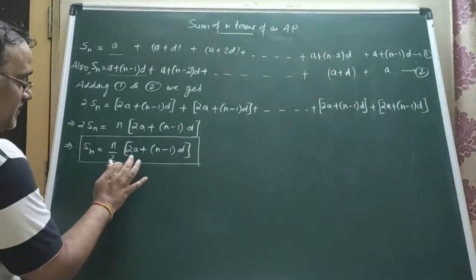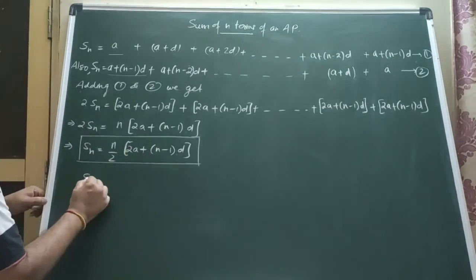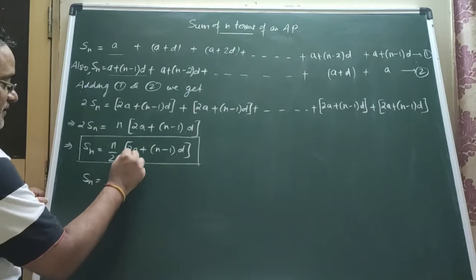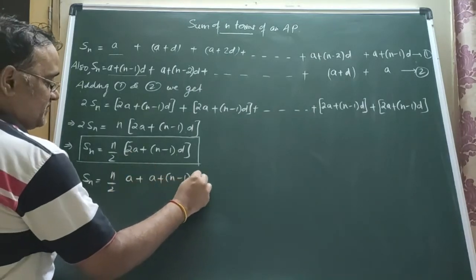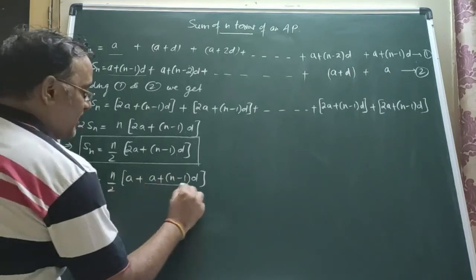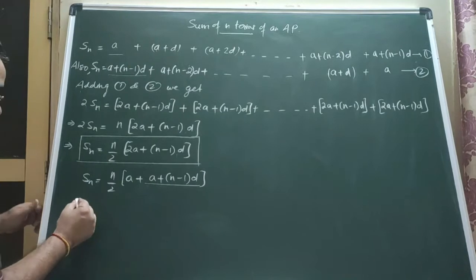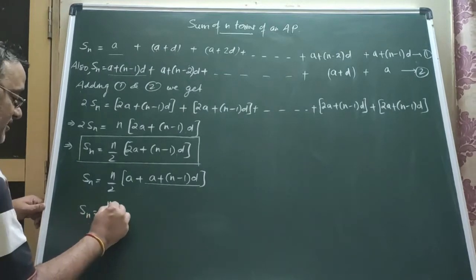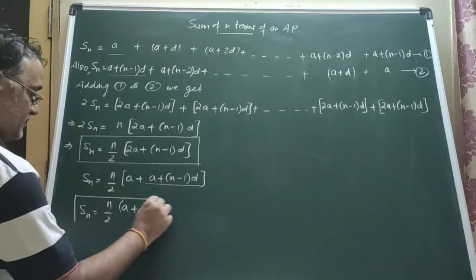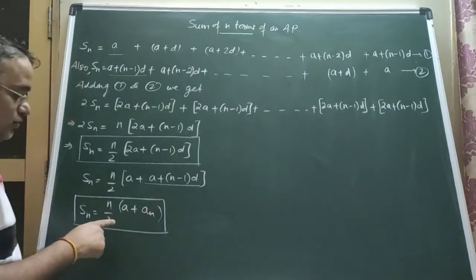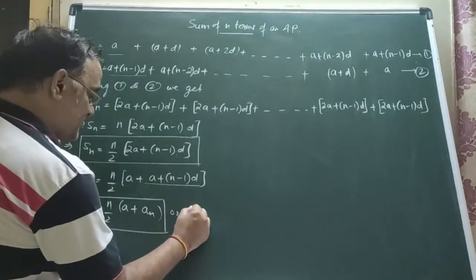Now see carefully. यहां पे अगर हम लोग a को अलग कर दें, if we separate a from here, so we'll get a plus n minus 1 into d. What is this actually? an. So this formula can be written in this way also. Okay, n by 2 a plus an. ये फॉर्मूला हम लोग को ऐसा भी लिख सकते हैं.